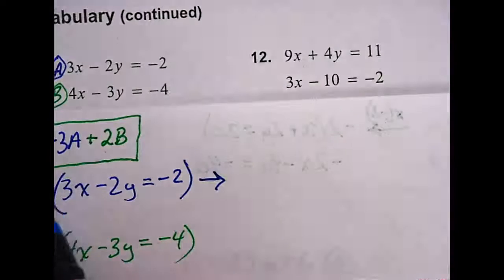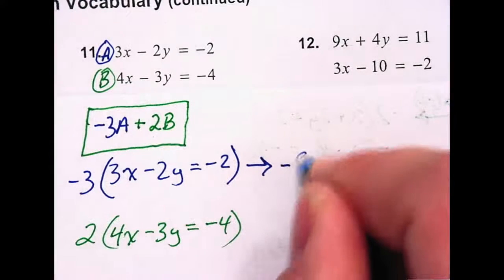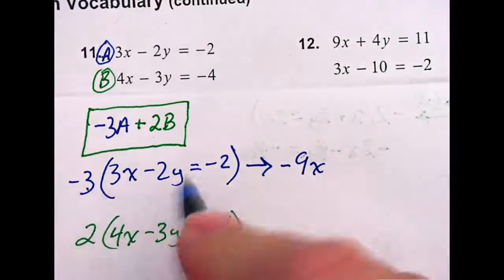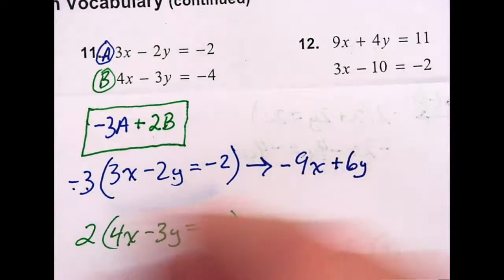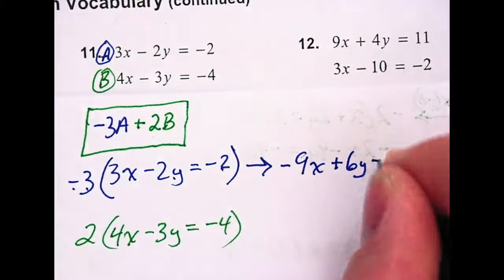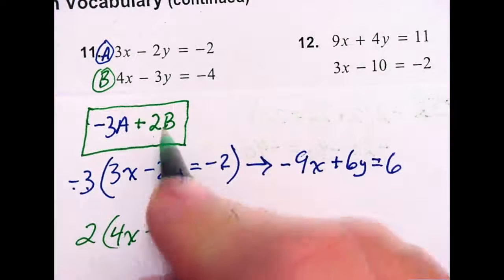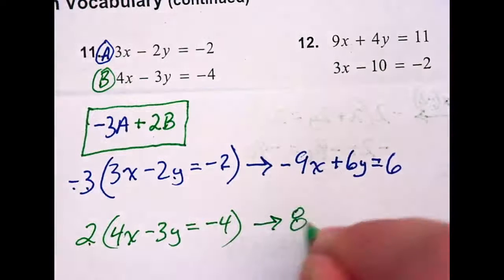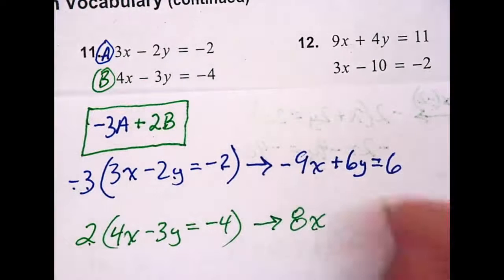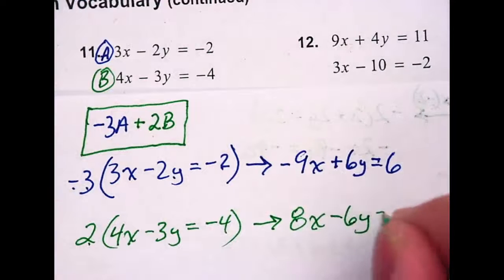Negative 3 times 3x is negative 9x. Negative 3 times negative 2, there's my positive 6y. And negative 3 times negative 2, which is positive 6. And then I've got my 2B, so 2 times 4, that's my 8. 2 times negative 3 is negative 6y. And 2 times negative 4 is negative 8.